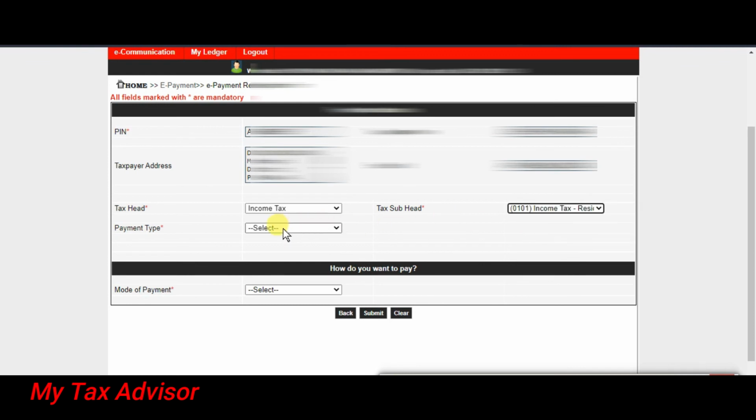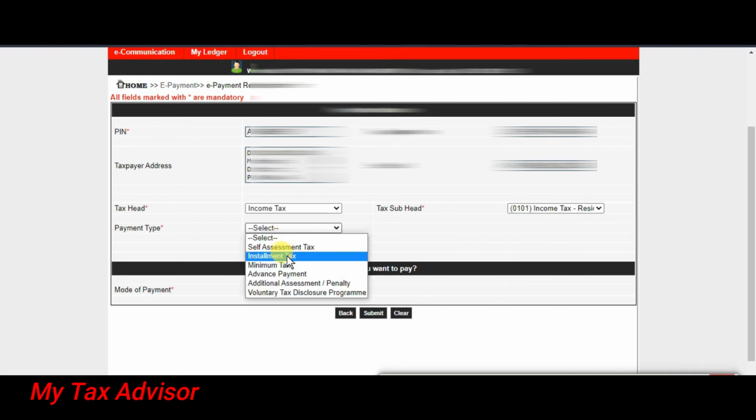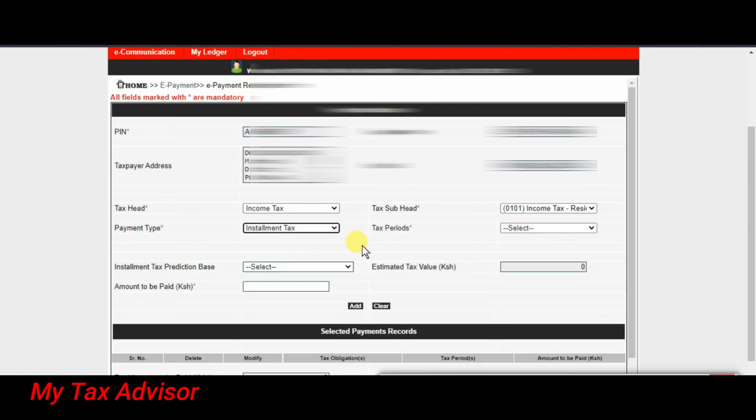Then the payment that we want to do is relating to installment tax. Okay, then once you do that, you select the year. So we want to pay installment tax for the year 2022. If you're watching this in 2025, you're gonna do 2025. All right. So installment tax prediction base.